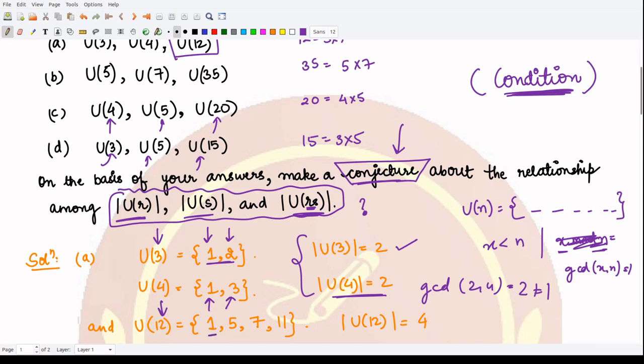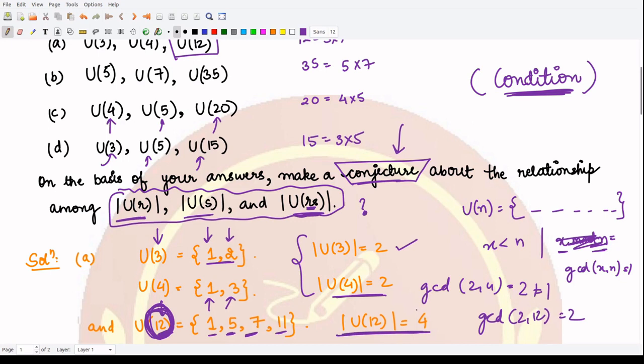So obviously 1 is there, 2 is not there because the GCD of 2 with 12 is equal to 2, which is not equal to 1. 3 is also not there because GCD would be 3. 4 is also not there because GCD would be 4. 5 is there, yes. 6 is not there because GCD with 12 would be 6. 7 is there. 8 is not there, right? Because they have numbers common. Then 9 is not there because they have 3 in common. 10 is not there because they have 2 in common. 11 is there. So we only have 4 elements here, hence the order of U12 is 4.